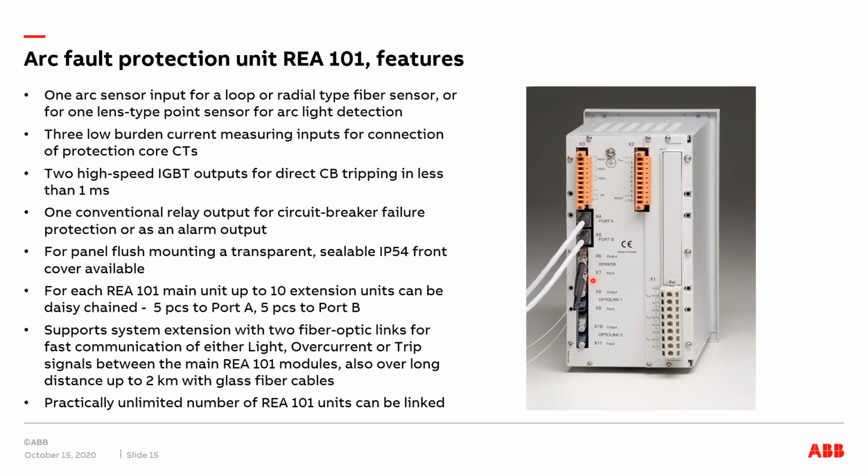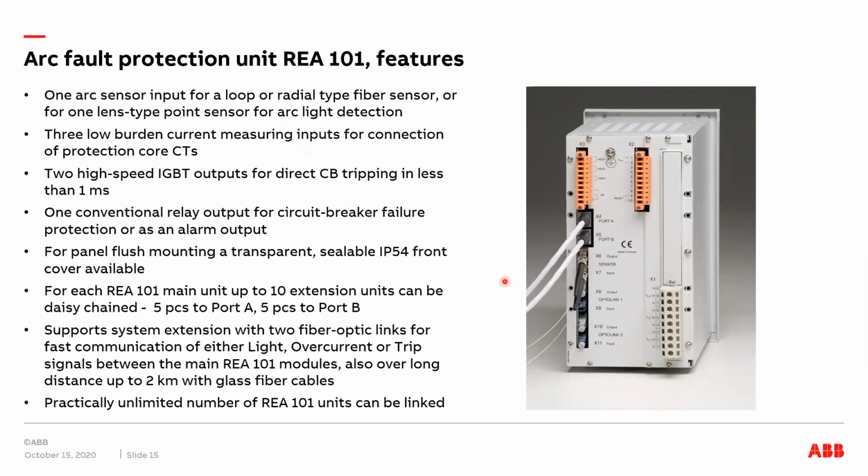For one arc loop, a sensor can be connected as a loop so that both ends of the fiber are connected to the relay, or we can just connect the input end and let the other end loose, but protect it carefully from light. And so it forms a radial type of fiber sensor. Or instead of a loop sensor, we can use just one length type of point sensor.